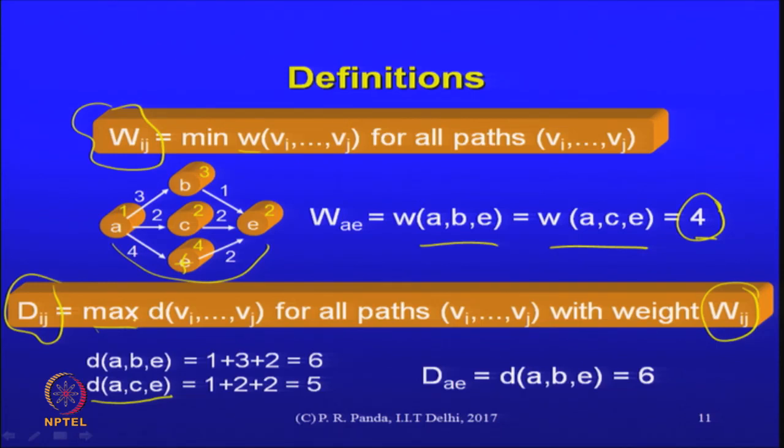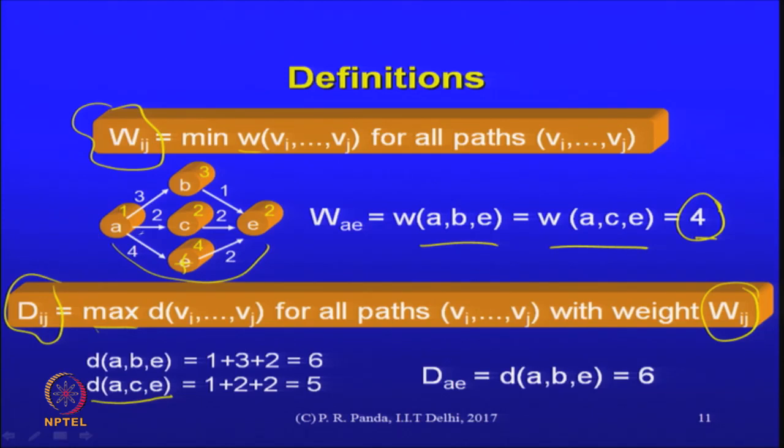So, there are two paths under consideration in this example, right. One was ABE and ACE, AFE we are taking out of consideration for now, but these two paths both have the same capital Wij. So, let us count the path delays, these are the combinational delays, right.